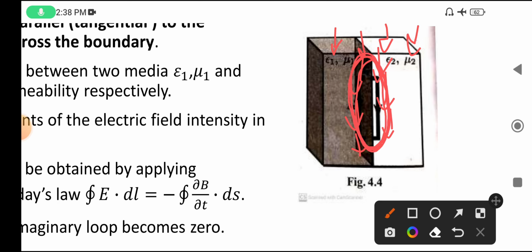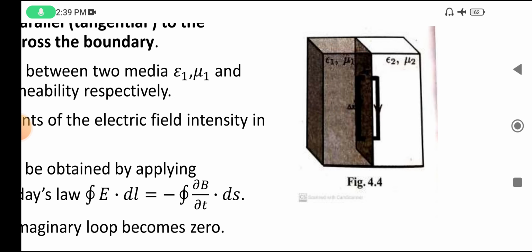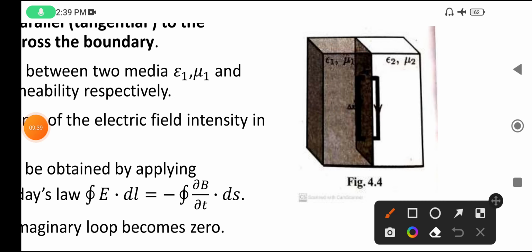Consider a small loop right at the boundary, with length dl on each side, and let the small area inside the loop be ds. The loop is given in the diagram, with an arrow mark.